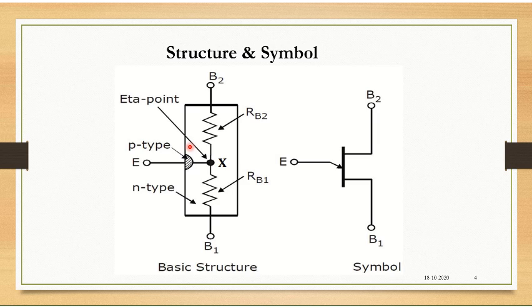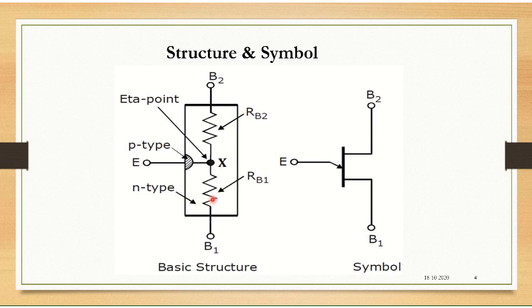This N-type material can be taken as the interbase resistance, named RBB, which can be split into two resistances. From the emitter terminal to base 2, the resistance is called RB2, and from the emitter terminal to base 1, it is called RB1.